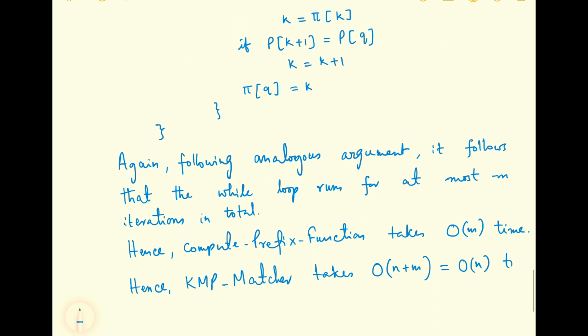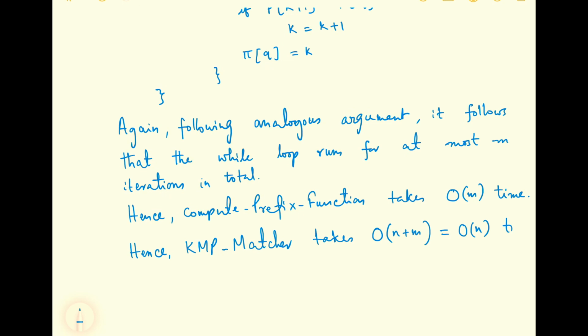So what is the total time complexity of KMP matcher? Order n time for this for loop and while loop, and order m time for computing the prefix function. So total time taken is order n plus m.